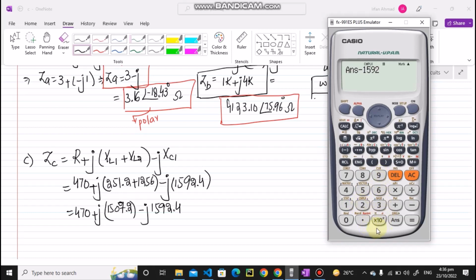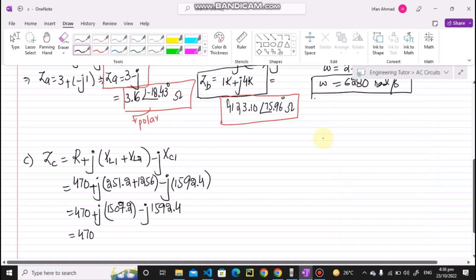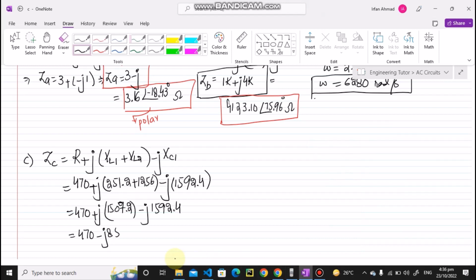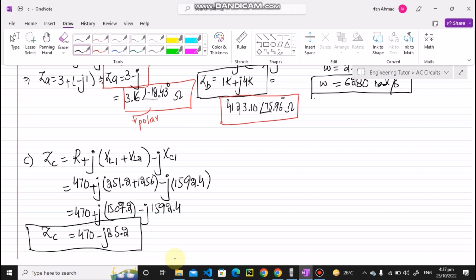So here I will have minus 85.2, so 470 minus j 85.2. This is the value of ZC, and we can very easily see that the dominant term of j here is negative. So the nature of this circuit will be capacitive.